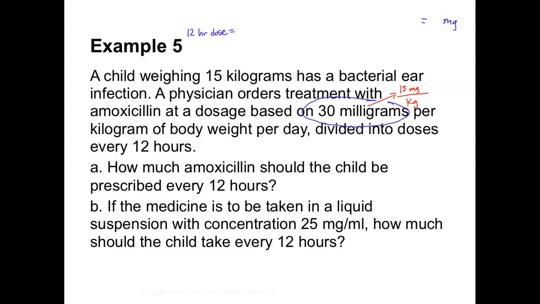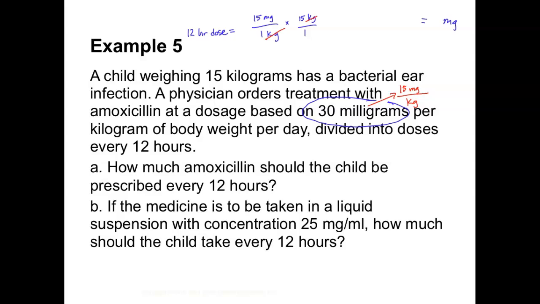So let's start with that. We know that we want the dose to be every 12 hours, 15 milligrams per 1 kilogram. And then all we have to do is take the child's weight into account, which is 15 kilograms. Good. Kilograms cancels.